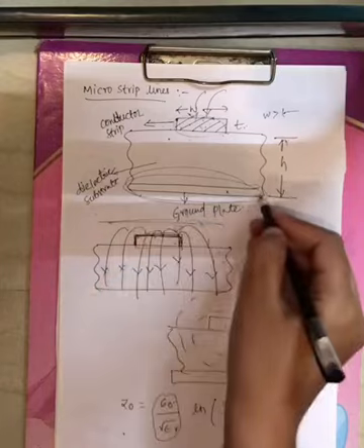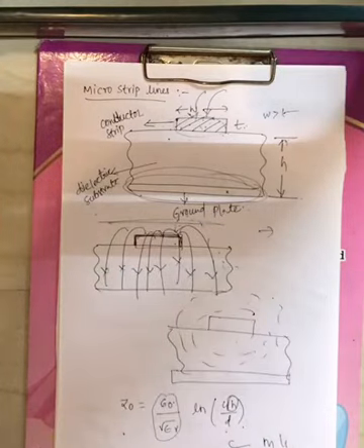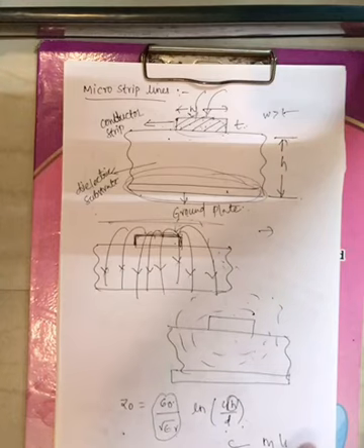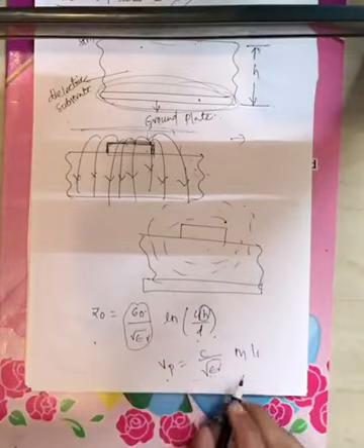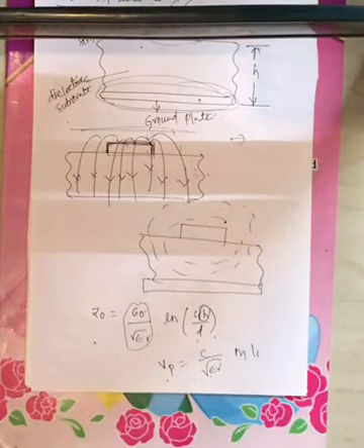And Vp, the velocity of propagation, is given by c by under root of epsilon r meter per second.